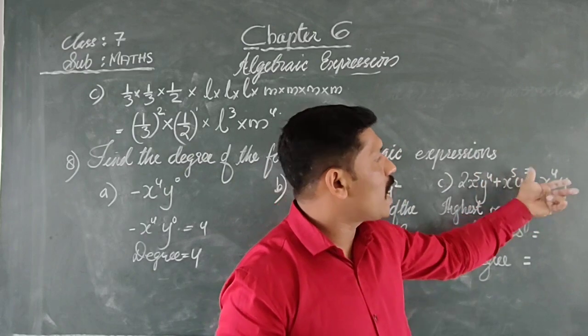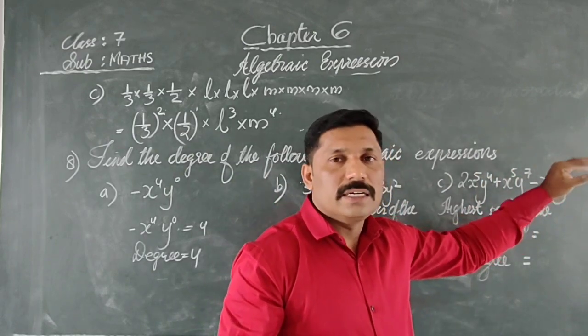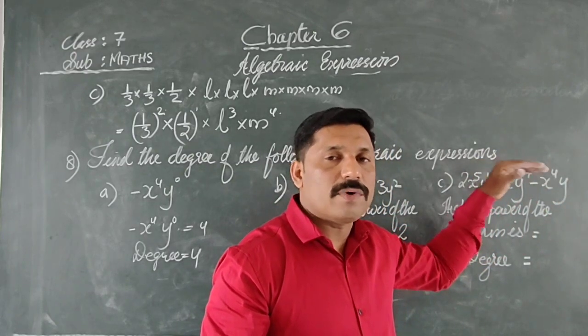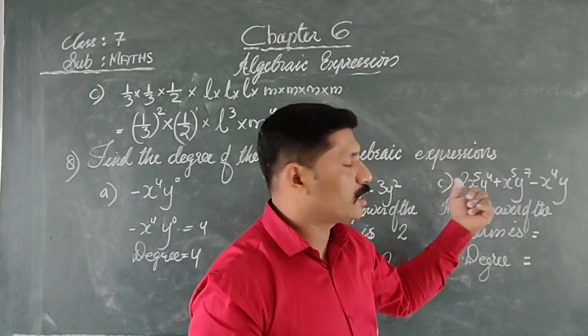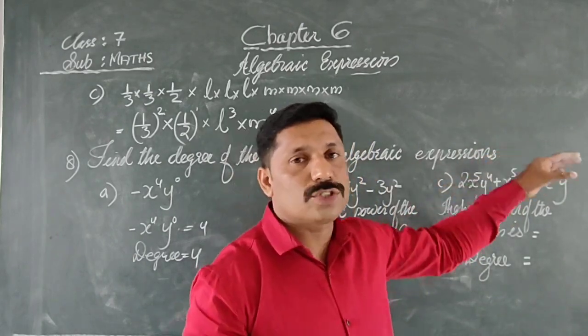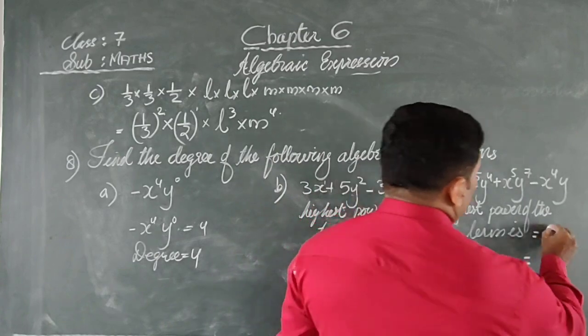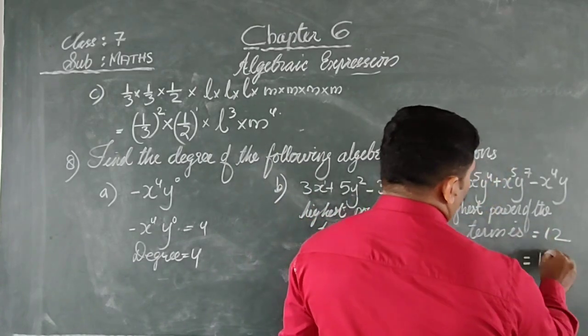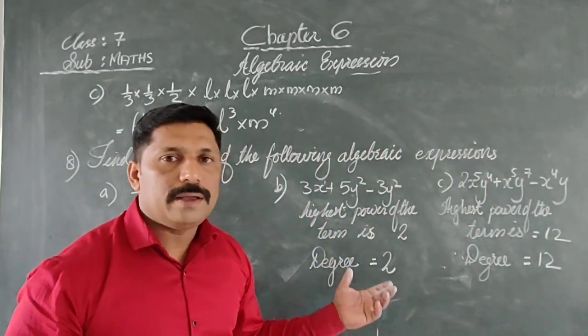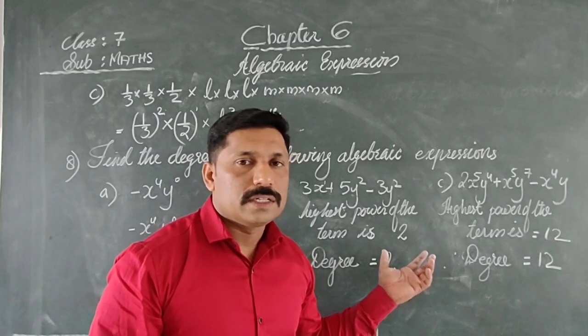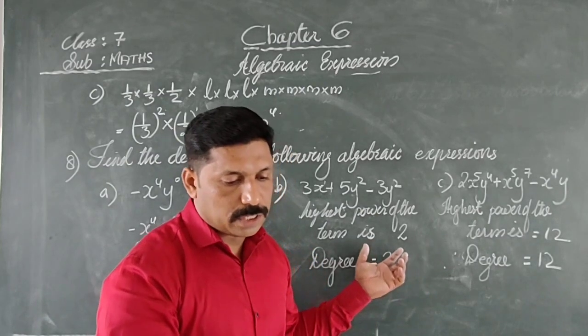So 9, 12 and 5 are the different powers of the terms in that expression, and among these the highest one is 12, therefore the degree is also 12. So in this way you decide the degree of the remaining questions.